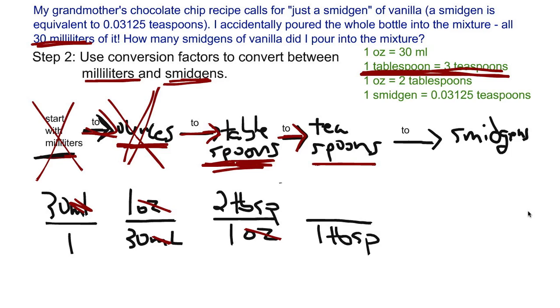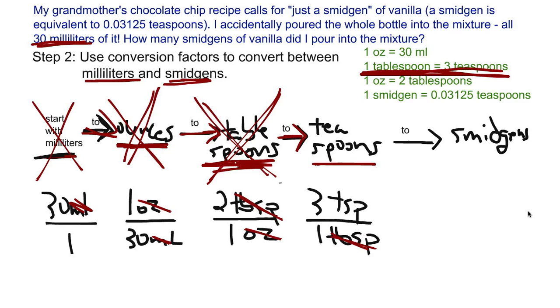We put tablespoons on the bottom because we want it to cancel. Wait, let me finish writing this fraction. 3 teaspoons on top. And tablespoons has now canceled out. So now we are in teaspoons.